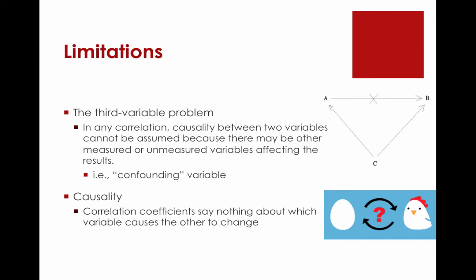Even though we may find a strong positive relationship, that does not mean that X causes Y, nor does that mean that Y causes X. And we really can't figure out which one happens first. All we really know when we're calculating and interpreting a correlation coefficient, whatever type it is, is how much variance is shared between these two variables.